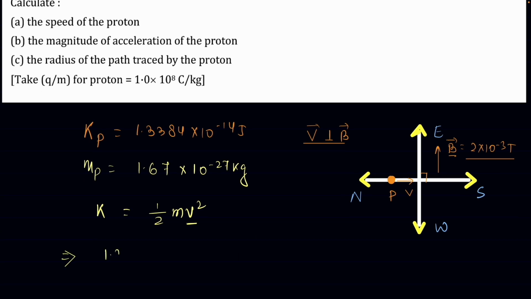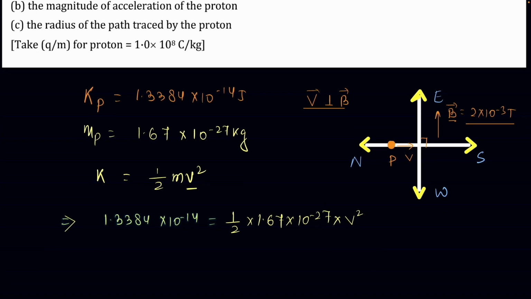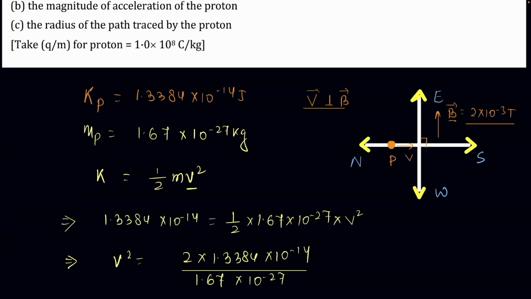K is 1.3384 × 10^-14 is equal to half into 1.67 × 10^-27 into v square. So v square is equal to 2 into 1.3384 × 10^-14 divided by 1.67 × 10^-27.